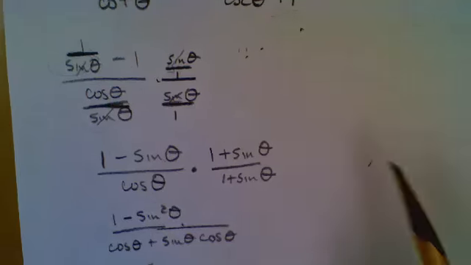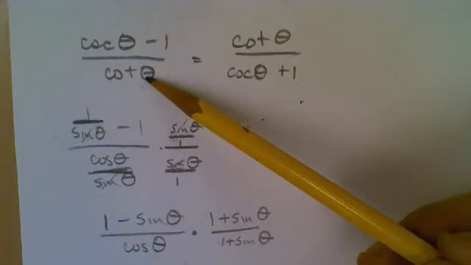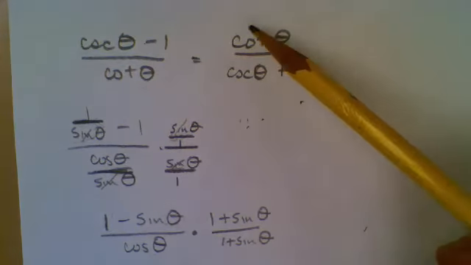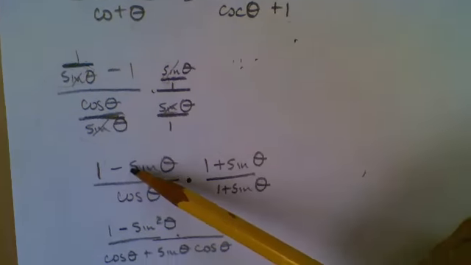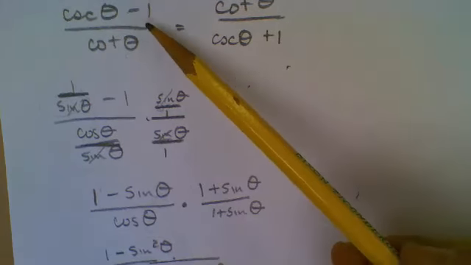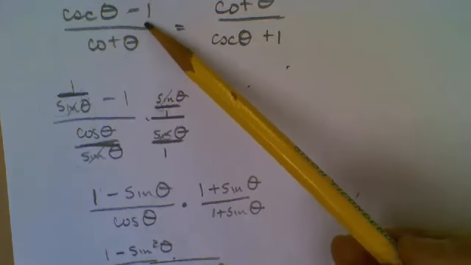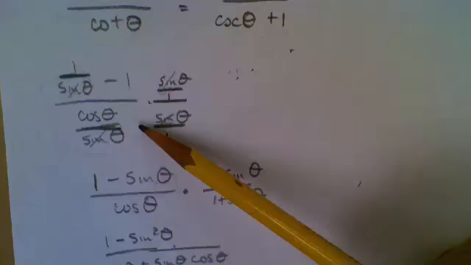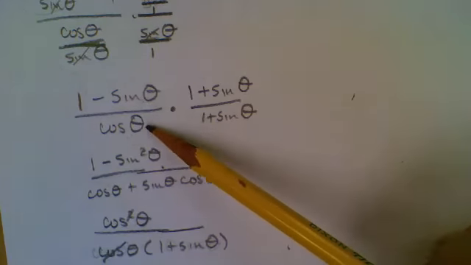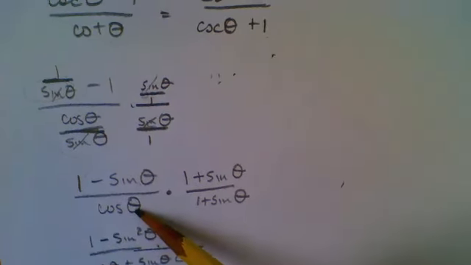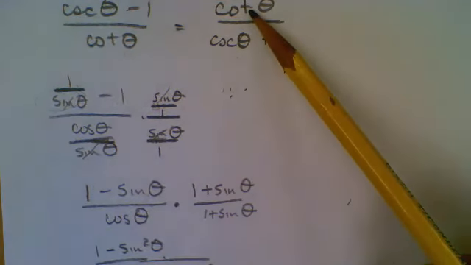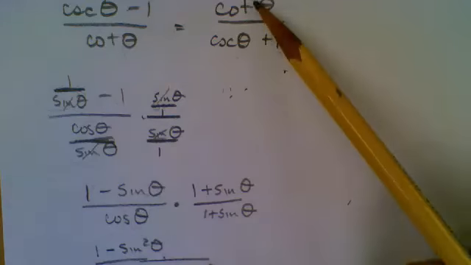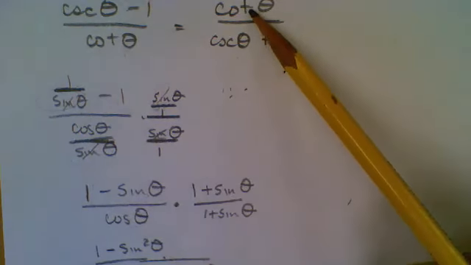So that's always a key when you look at this and say, I want to go from like 2 terms on the top to 1 term. First thing we did is we thought, well, let's get everything in terms of sine and cosine. So we did that. Would we have needed to do that? Maybe not. Maybe we could have multiplied by the conjugate right up there. But I sometimes like to get everything in terms of sine and cosine. Once we did, and we realized that we had 1 term on the bottom, we wanted to get to 2, and 2 terms on the top, we wanted to get to 1, that was the key to say, well, let's multiply by the conjugate of the numerator.